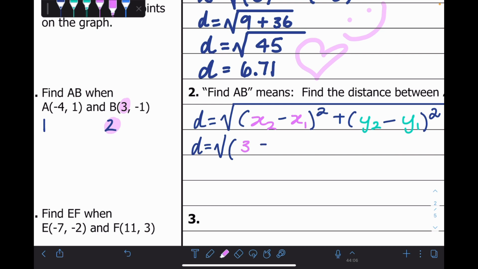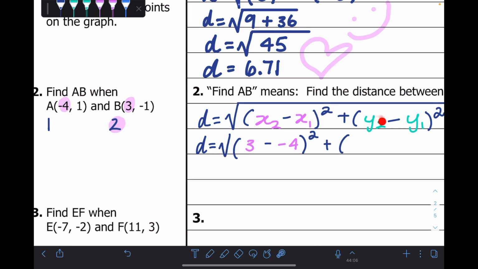subtract our first x point, which is -4, squared, plus, from the bracket, our second y, going to our second point, and our y value is -1.